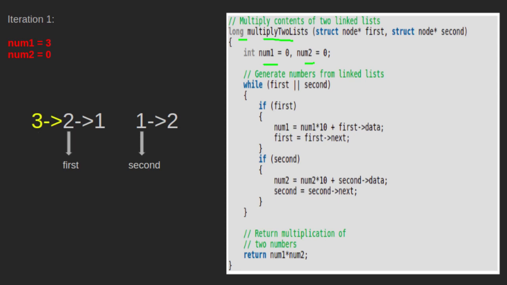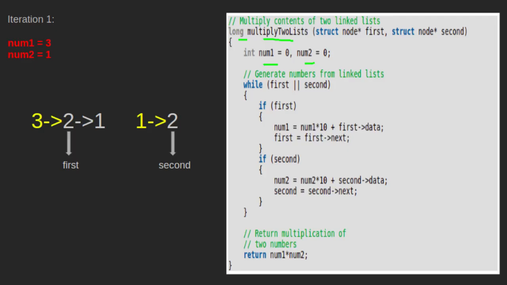Then it will enter the second if statement and will update the value of num2 by the same concept. So the value of num2 will be equal to 0 into 10 plus 1, which is equal to 1, and second will move to the next node.